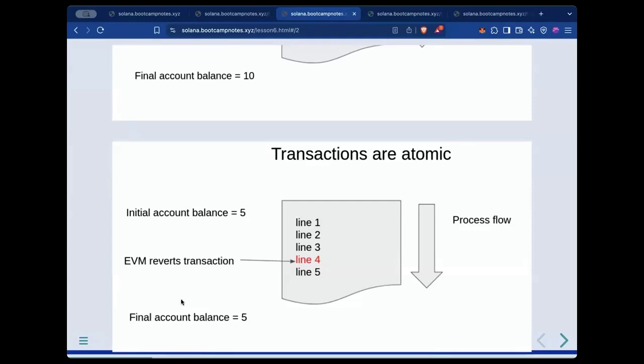Now, the way that this is useful with flash loans is that we have companies that provide these loans, and they allow you to borrow a large amount of capital, a large amount of tokens. And you can do this at a very low cost, and you don't have to provide any collateral when you borrow these tokens.